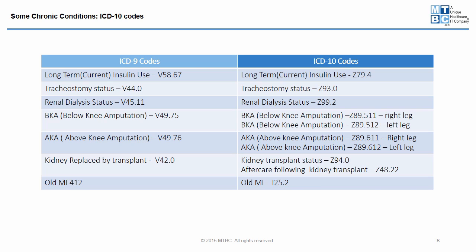Whereas aftercare, if you're treating the patient for their kidney transplant, you would use Z48.22, because you're treating the aftercare right after having the kidney transplant. Otherwise, you would use Z94.0 for status. And again, old MI is very important to be documented.